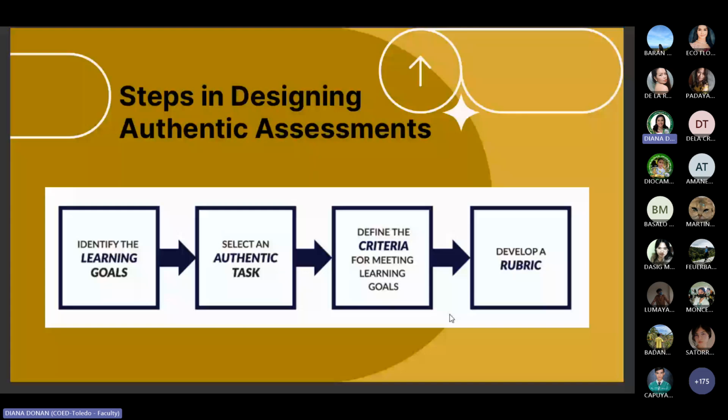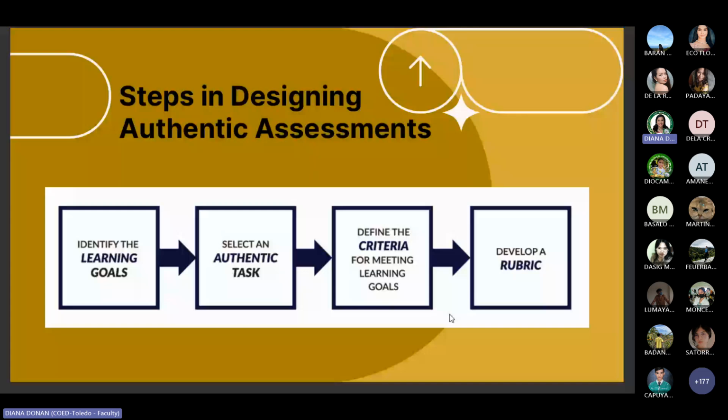And also, a well-designed rubric makes the grading transparent and objective. And also, it helps students self-assess and reflect on their work. So rubrics are powerful tools because they turn vague expectations into concrete, measurable standards.